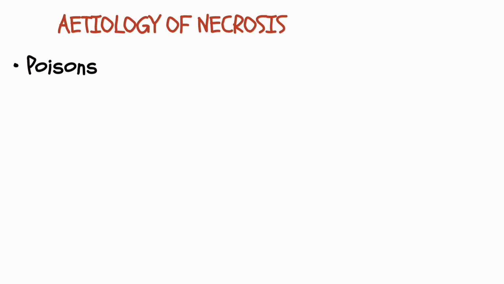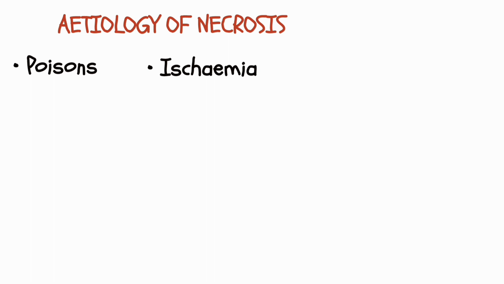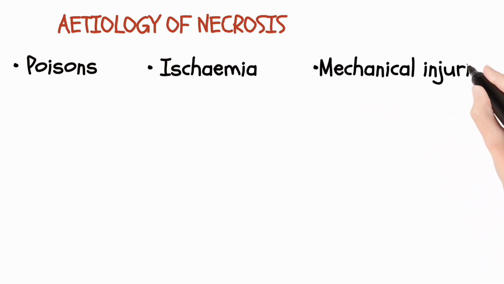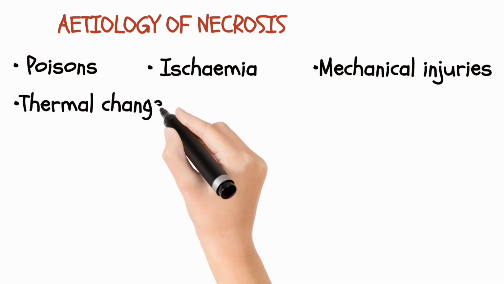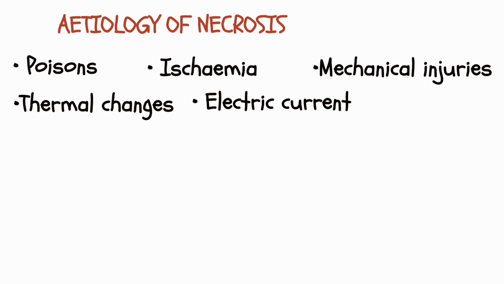Plant poisons, example from some mushrooms, croton oil, animal poisons from bee stings, parasites, and so on. Ischemia or loss of blood supply produced by thrombus and embolism, or by compression of an artery by tumor or an abscess, can also result in necrosis. Mechanical injuries, thermal changes, electric shock, all of this can cause necrosis.